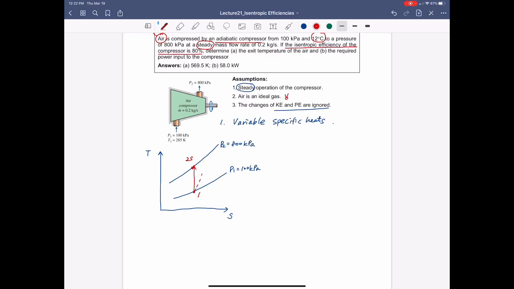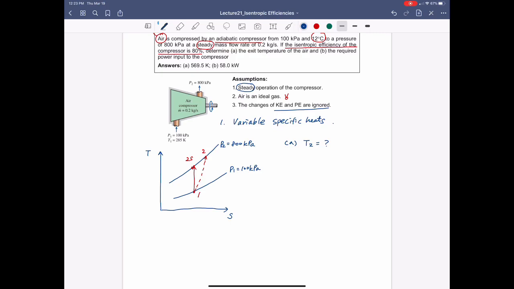So in that case, we may end up here. Let's say that is at 2. Now, the first question is, how can we calculate the temperature at the exit?